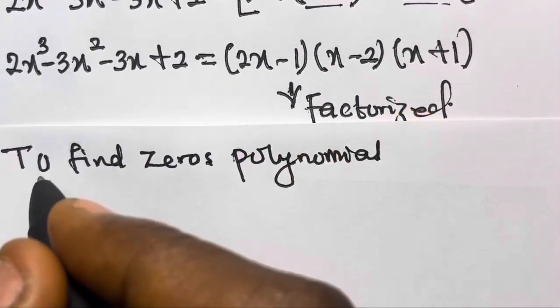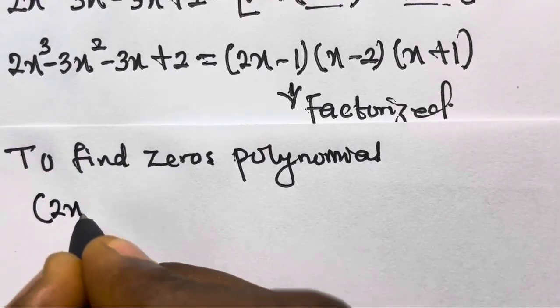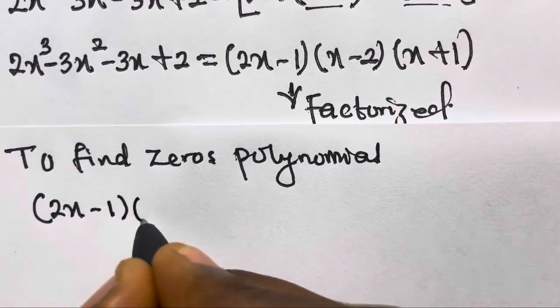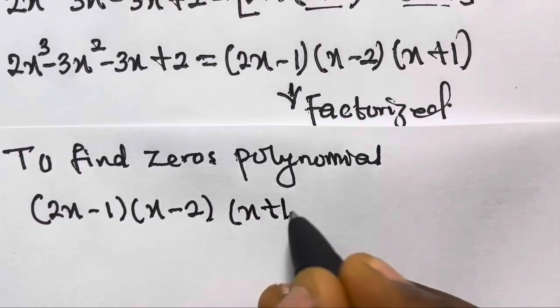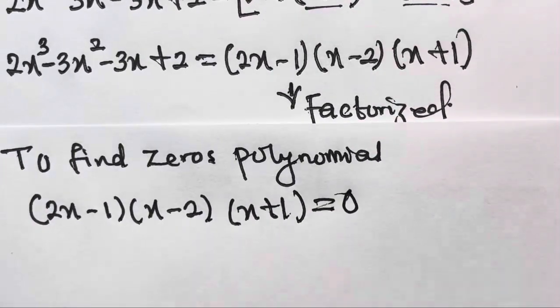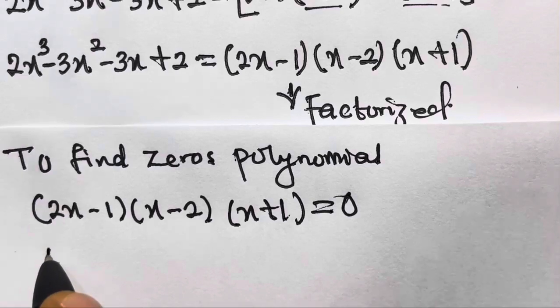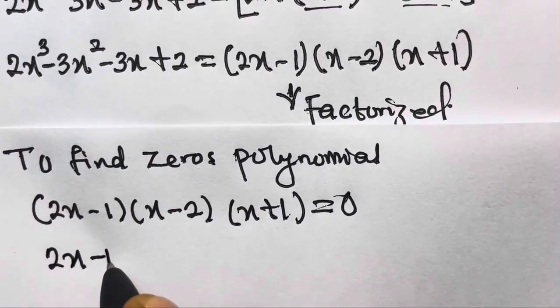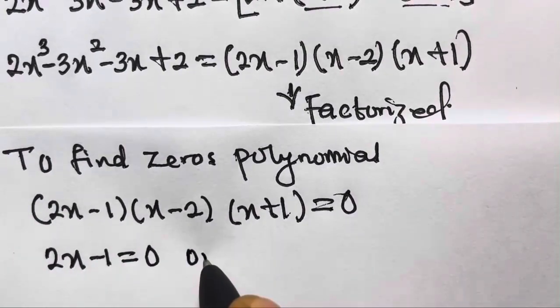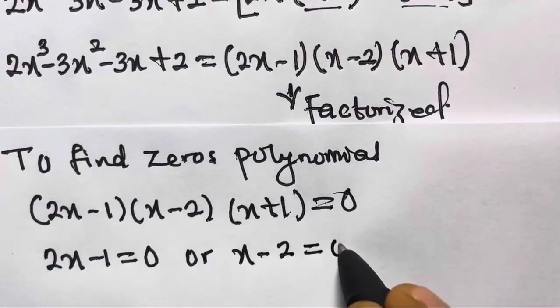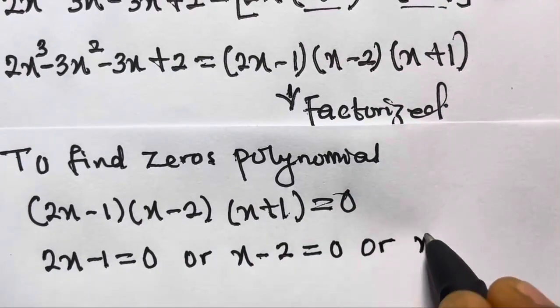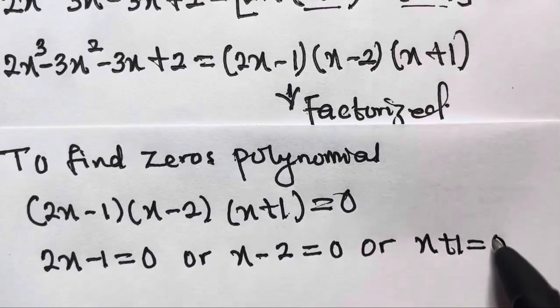Remember, the factors we have are 2x minus 1, x minus 2, then x plus 1. They are equal to 0. So now we have 2x minus 1 equals 0, or x minus 2 equals 0, or x plus 1 equals 0.